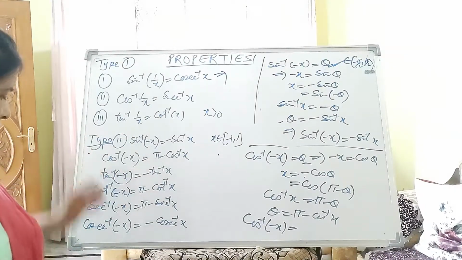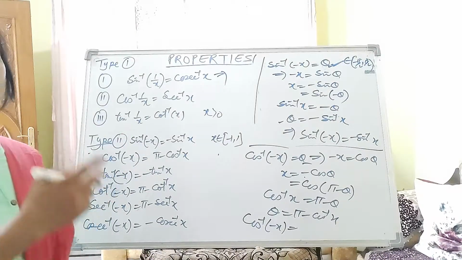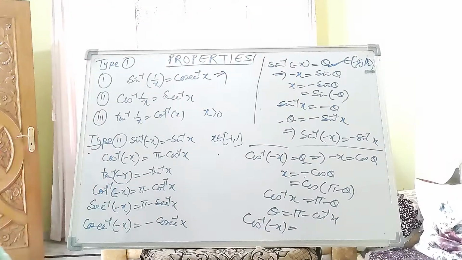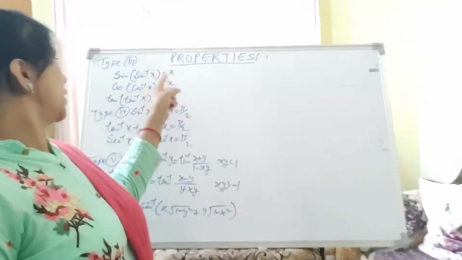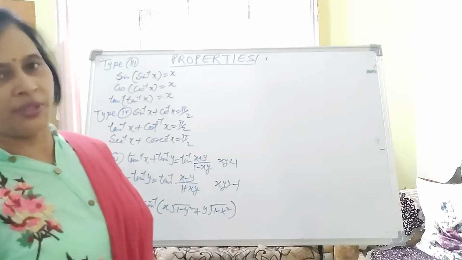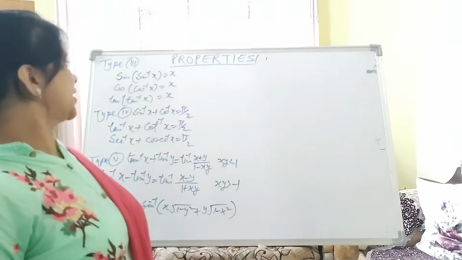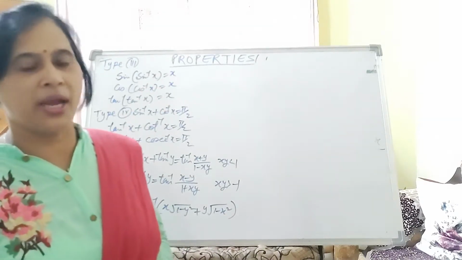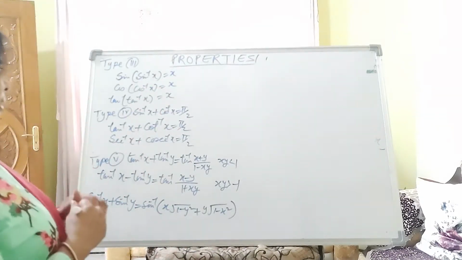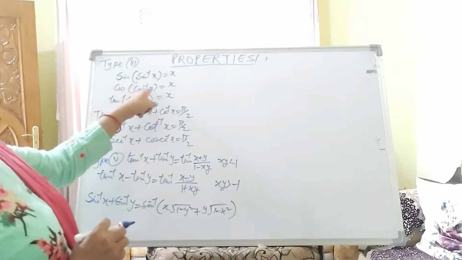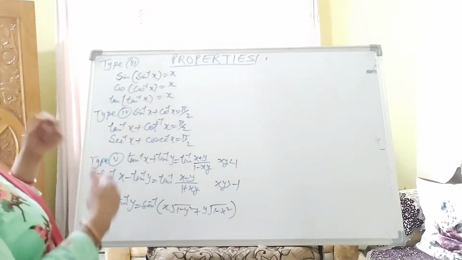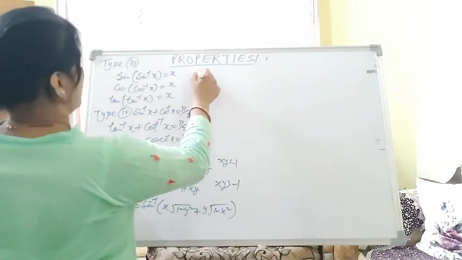Now I will write two more types of properties which are also very important. Type 3 properties. Sin inverse sin x is x, provided this x should be from minus 1 to 1, and cos inverse cos x is again x. The limit is within its limit.